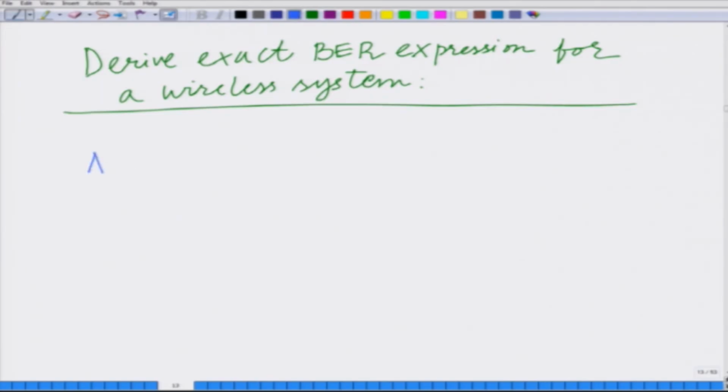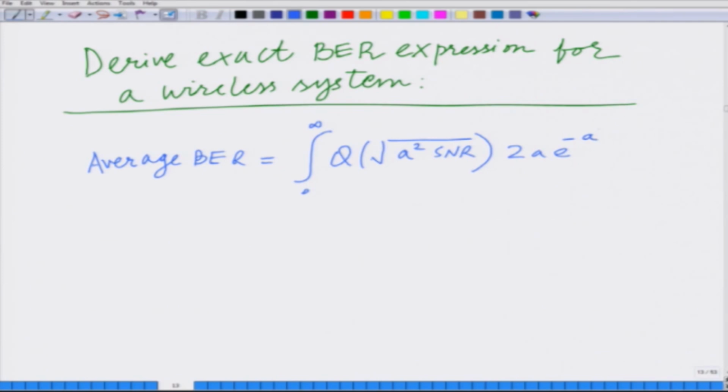And we have already seen that the average bit error rate is given as the integral 0 to infinity Q of square root of A square SNR times 2A e to the power of minus A square dA.